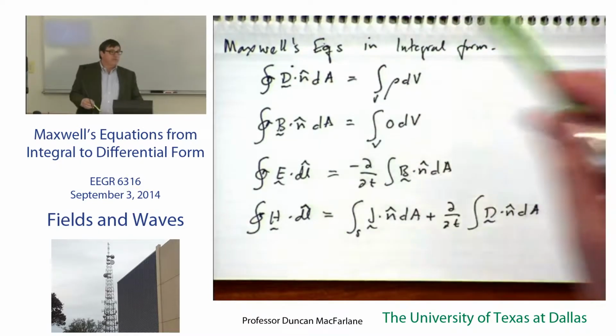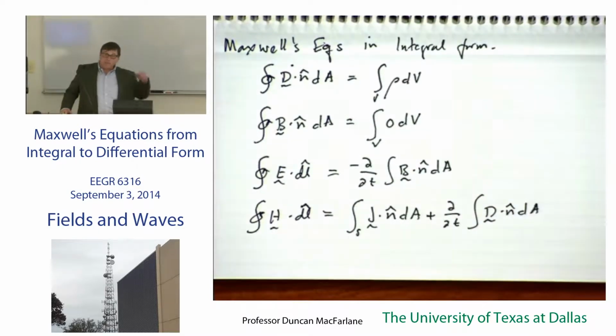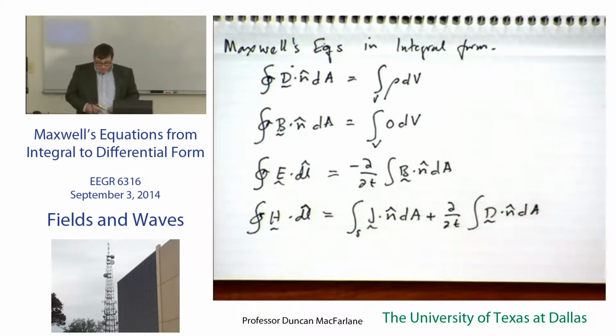Now these are four equations. They're a little bit more complicated equations, but the rest of the course will be teasing out what they mean. And this lecture was going to begin exactly that exploration. Okay, so these are integral equations which we're not quite as used to looking at and working with, but that's okay. That's what they are to start with.